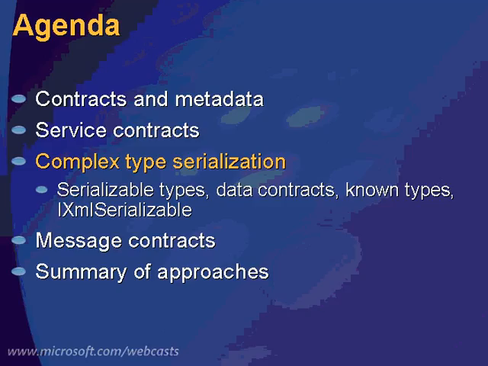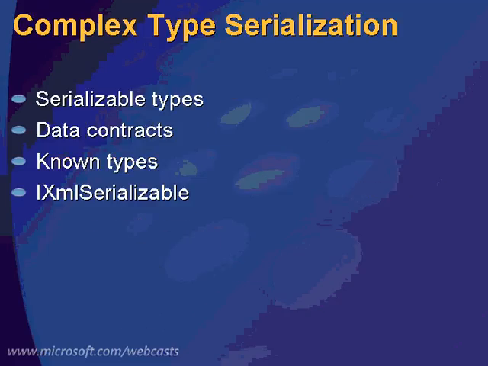Okay, so let's move on from service contracts. That's pretty straightforward, and get into complex types. And so there are several ways that we can introduce into the operations parameters and return values that can be included. Essentially, they need to be serializable as part of messaging. And so we have a couple of options. We have your basic serializable type, which we're used to using in the past with .NET Remoting, for example.